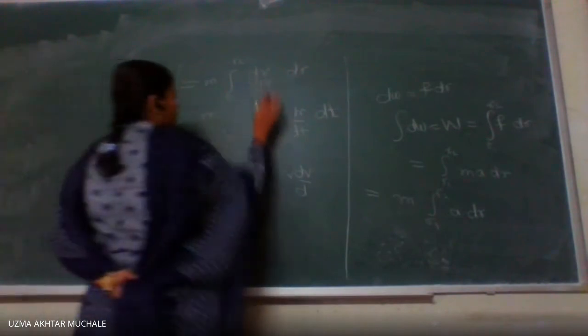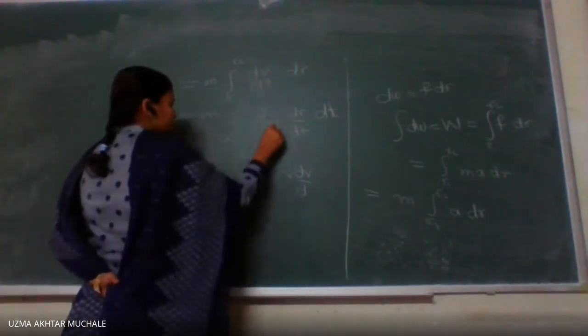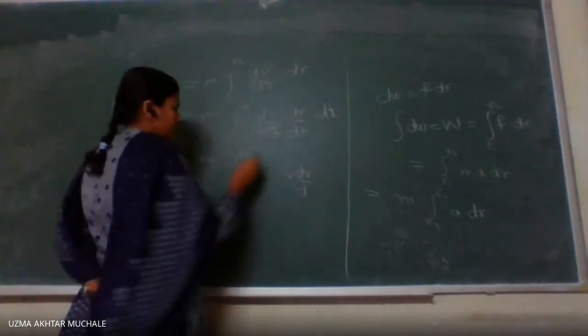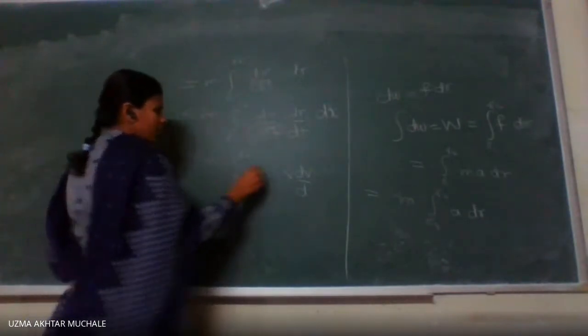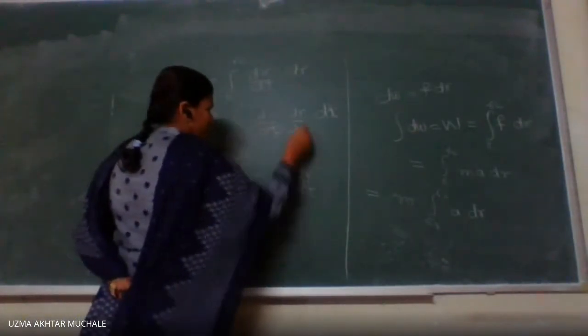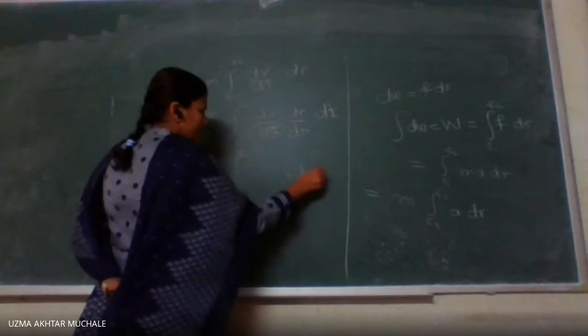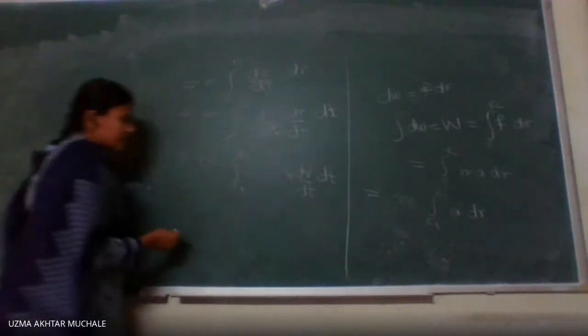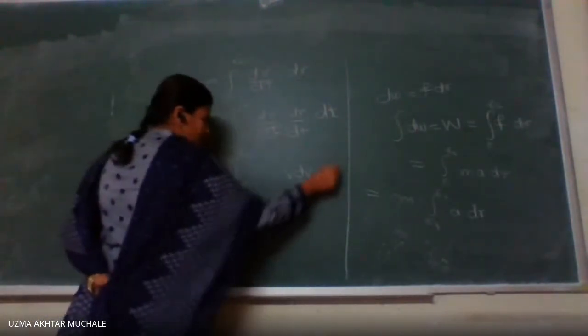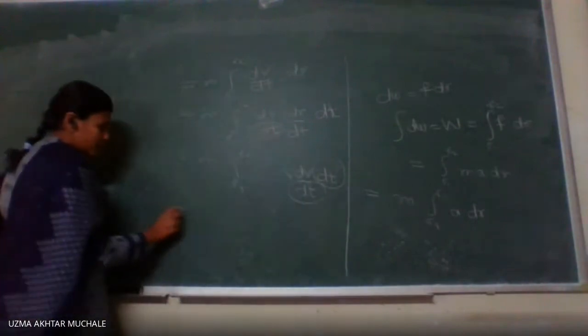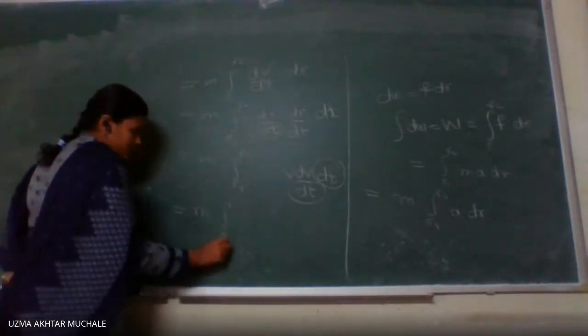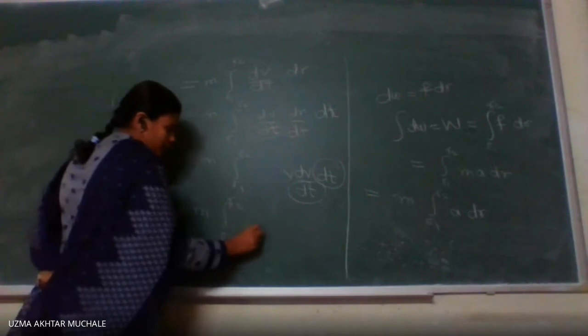Actually it is t, no? Sorry, here it is t. So this t as it is we have taken. What is the formula for dv by dt? We have written here, and this dr by dt is velocity into dt. Correct? Now integration and derivative are both with respect to t, which can get cancelled. So v remains with integration r1 to r2 v dv.